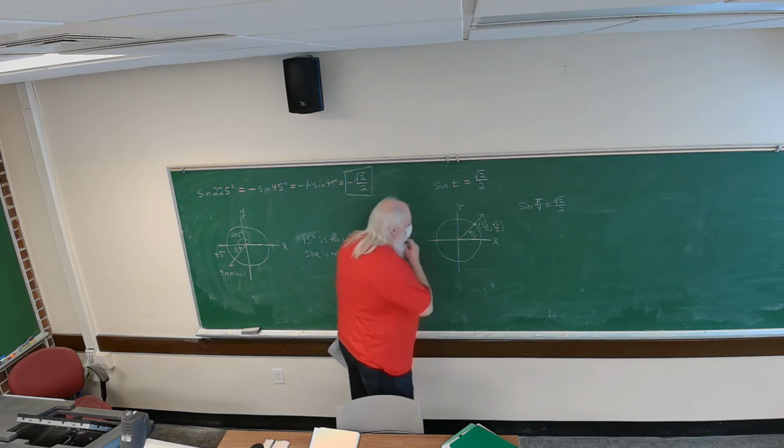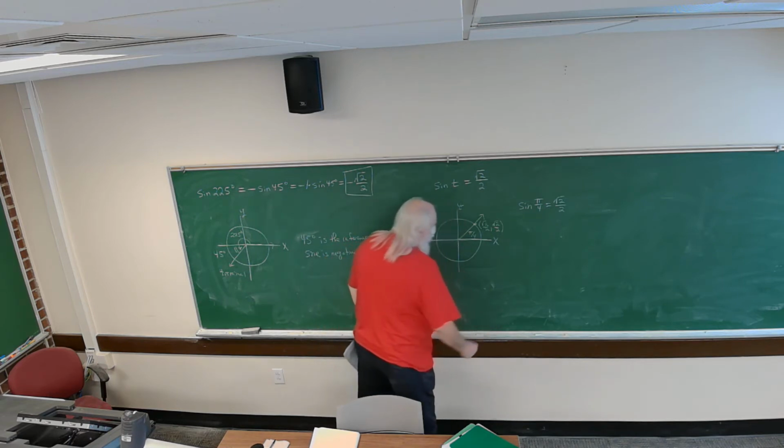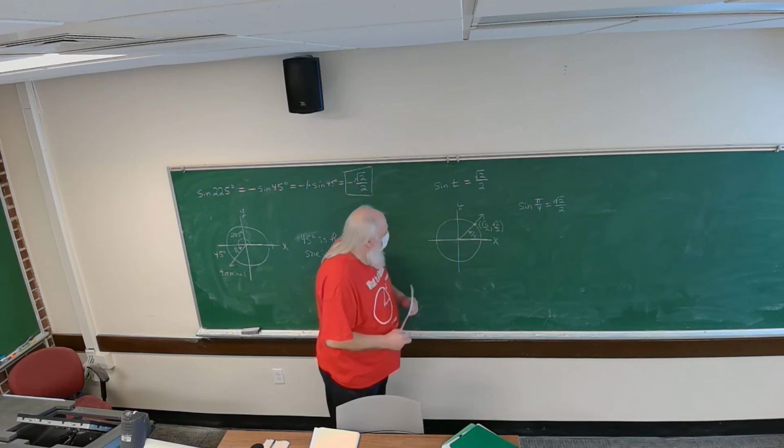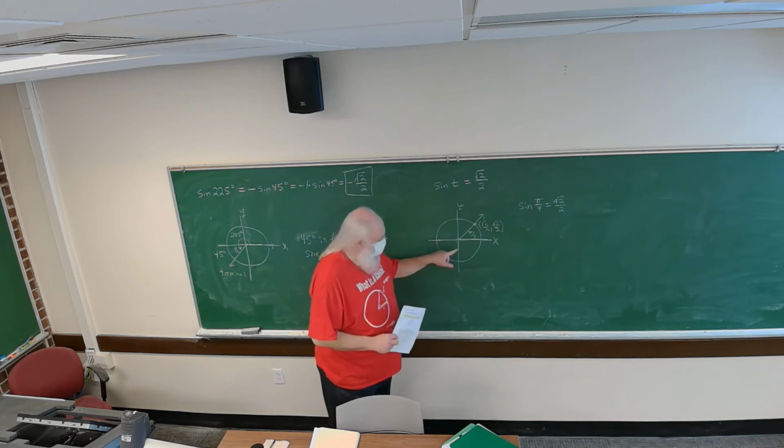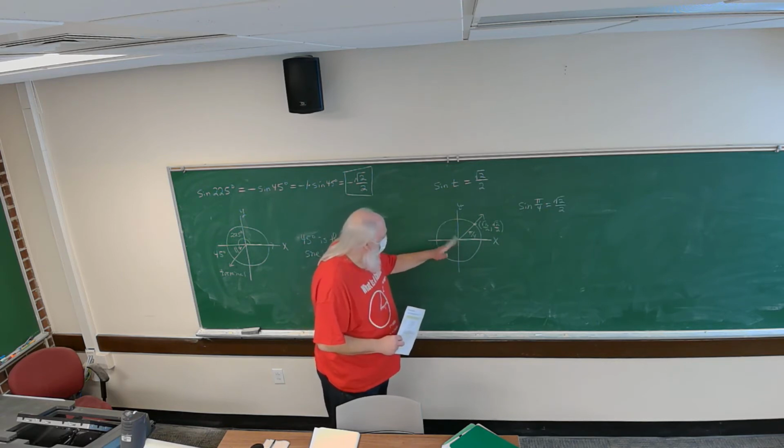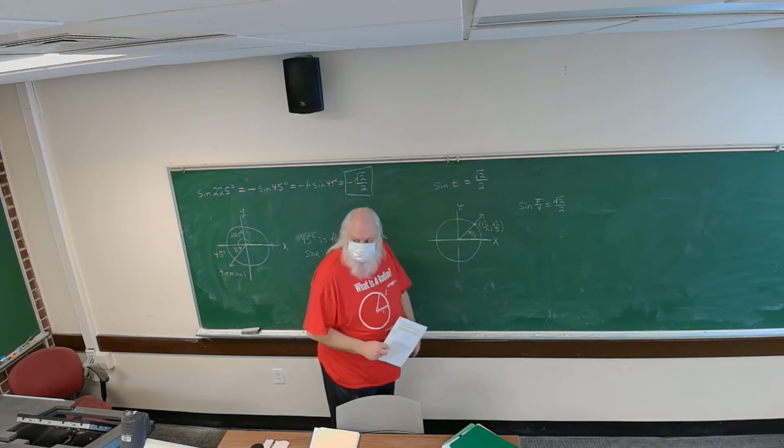Well, this is where we're going to use symmetry. A circle with its center at the origin has all three forms of symmetry, doesn't it? It has y-axis symmetry, x-axis symmetry, and it has origin symmetry.